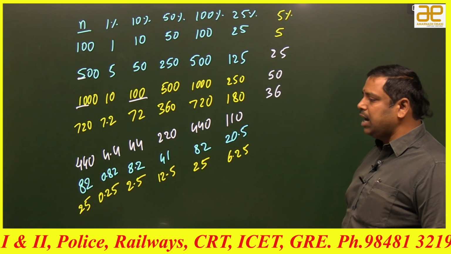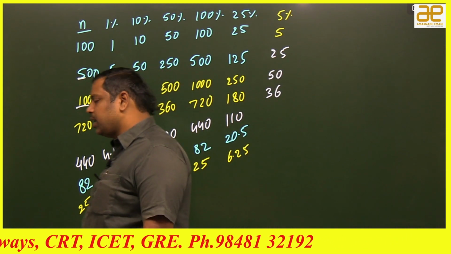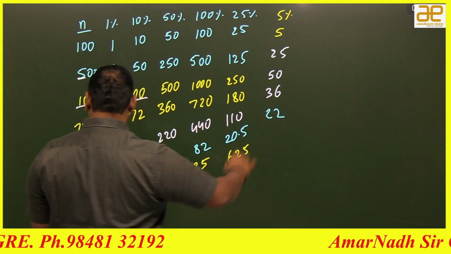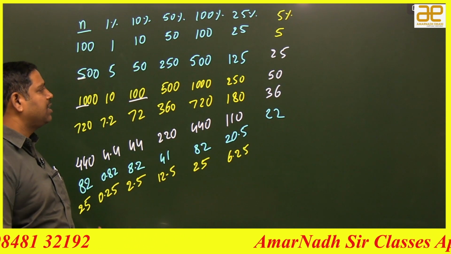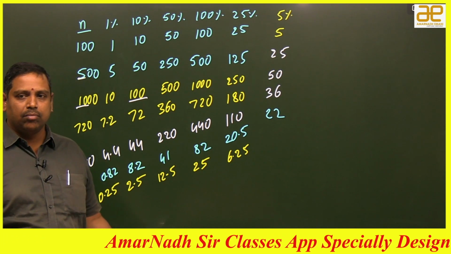So 440, I want 5%. How much is it? Good. 10% is 44, half is how much? 22. Okay, the next number is 82. I want 5%. 41.